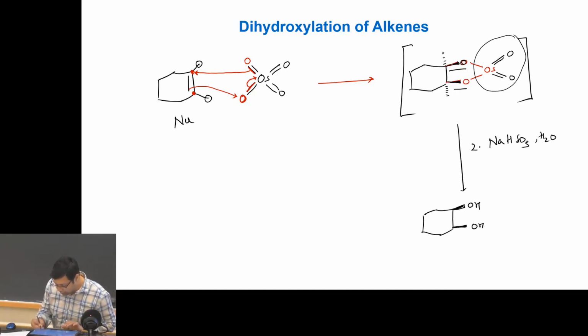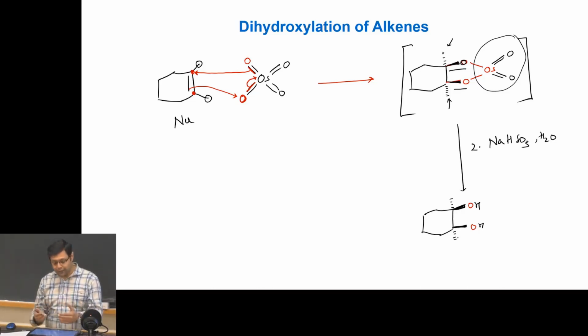If the oxygen was up, it will remain up and you'll have an OH. The methyl groups were down, they will remain down. So the second step does not change the stereochemistry.